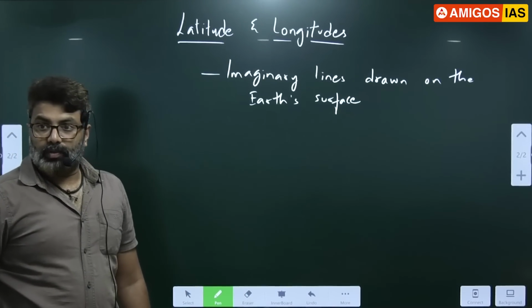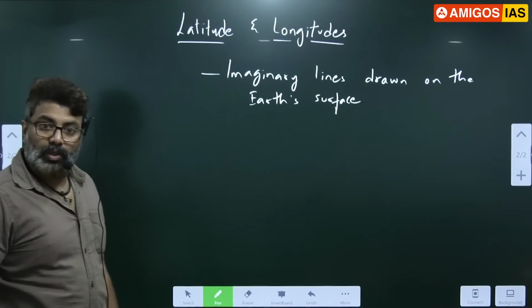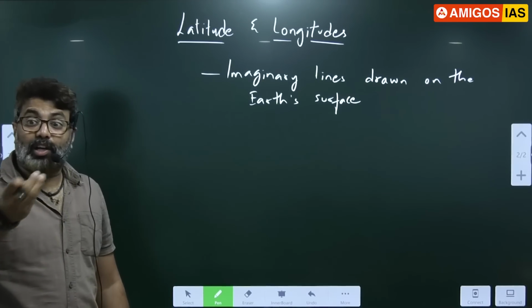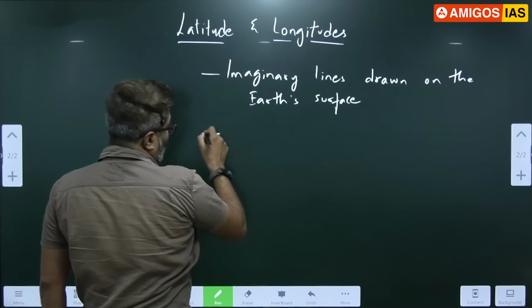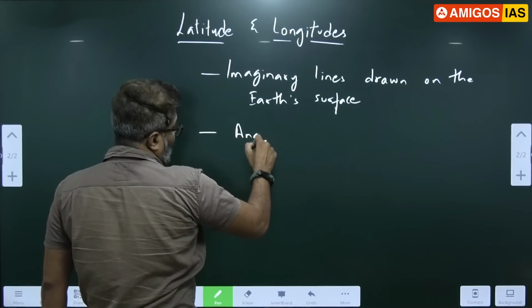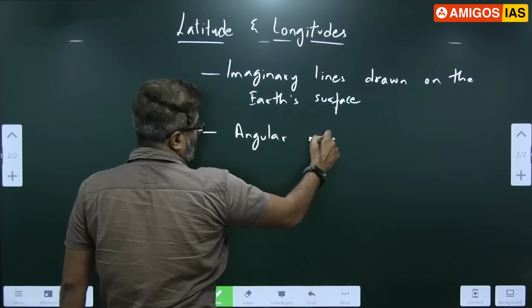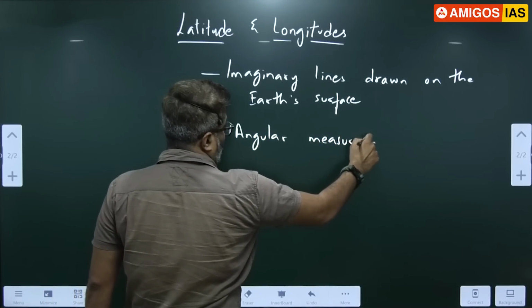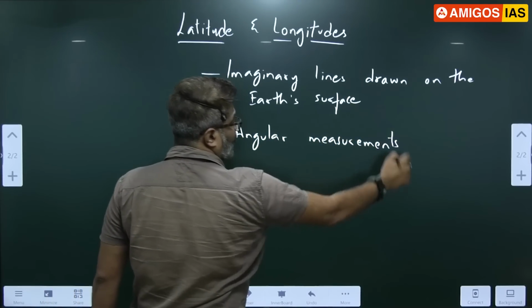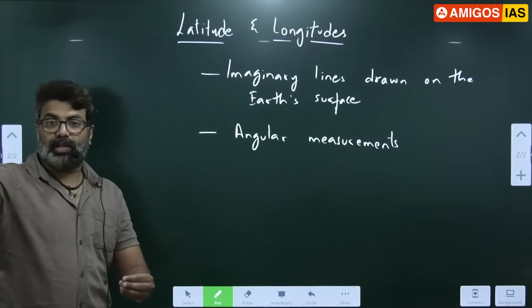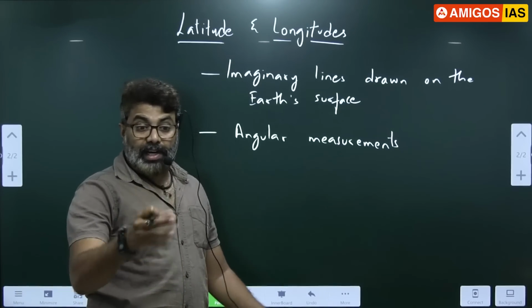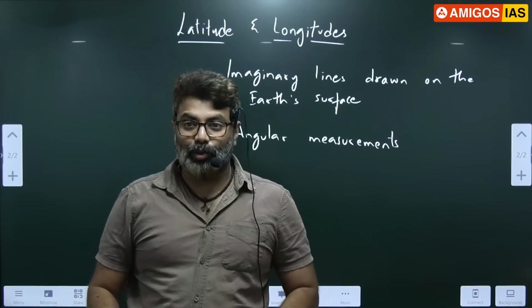Okay, so we are imagining them now. They give us angular measurements. Latitudes and longitudes give us angular measurements of places. Means one place with respect to the other. So we can locate any place using these two, latitude, longitude.